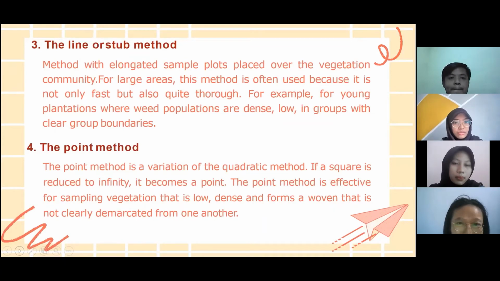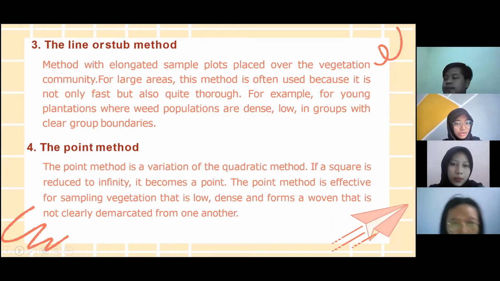Three, the line intercept method, with elongated sample plots placed over the vegetation community. For large areas, the method is often used because it is not only fast but also quick to apply, for example for young plantations where weed populations are dense, low in group, with clear group boundaries.